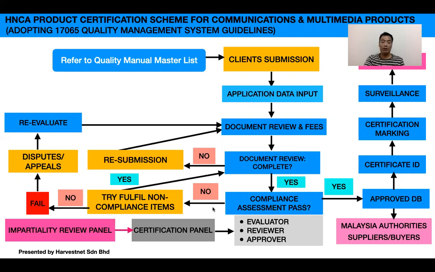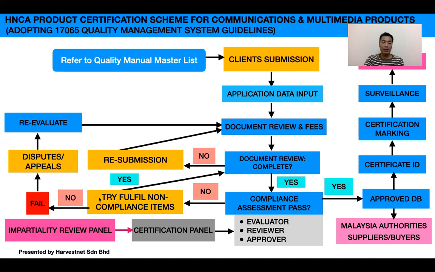But if you do not comply for certain items, we'll request you to try to fulfill the non-compliance items. That will be stated in the system itself, or we'll send you an email on it. If you can fulfill it, the documents will go back for the review again.